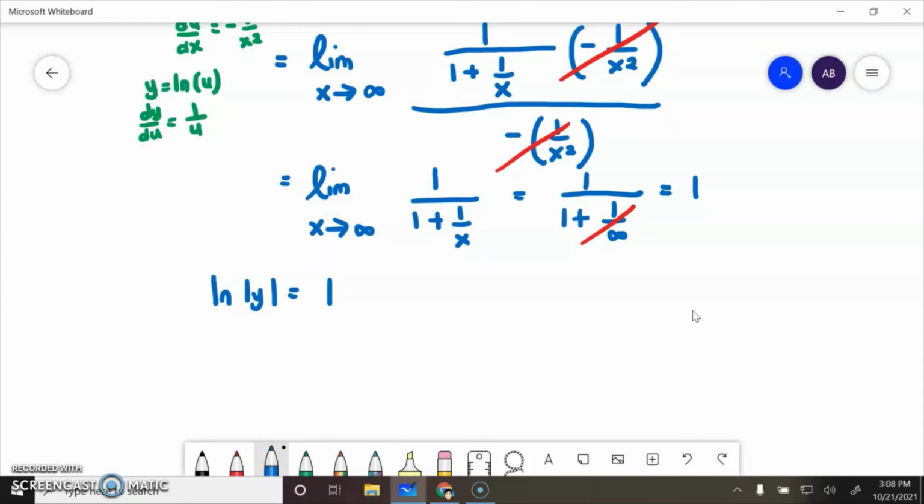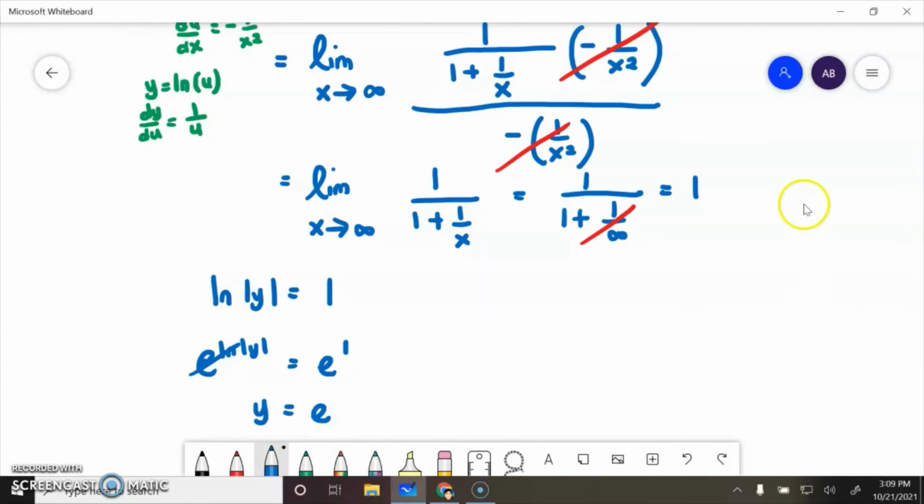Now taking the exponent on the left and right, I'll have e to the ln y equals e to the 1, so that cancels out. That will give me y equals e.